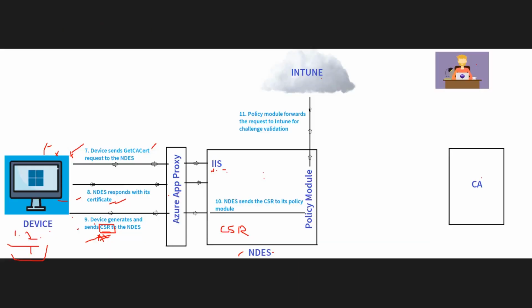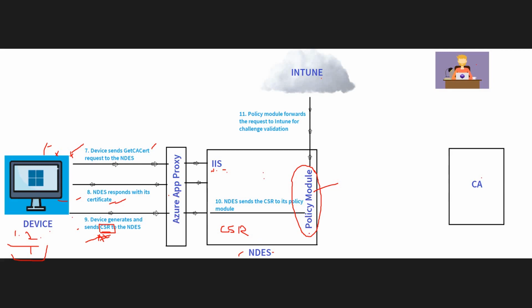So in step 9, we saw that the device generated the CSR and sent it to the NDES server. Now the NDES server has received the CSR. Now the NDES server is going to forward the request to something called a custom policy module. This custom policy module got installed and configured in the NDES server when we installed the unified Intune connector.